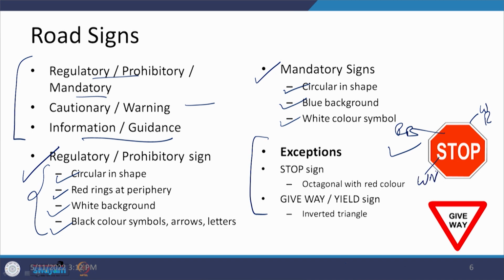So, that is one change. When you talk about the give way or yield sign, this is an inverted triangle, which of course has red boundaries, a white background, and the message give way written in black. So, that is the type of exception in these cases.